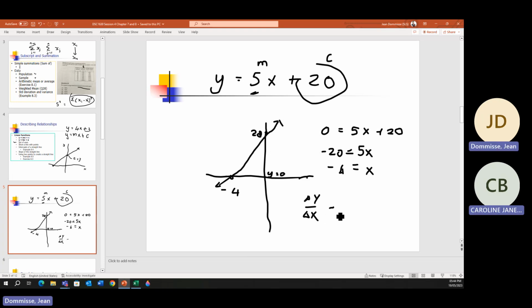Okay, so we need to get 2 points on this line. So here we've got a point of minus 4, which is x and y 0. Here we've got a point where x is actually 0 and y is 20. Okay, so we've got 2 points that we can work with. So the difference in y, so we say 20 minus 0.